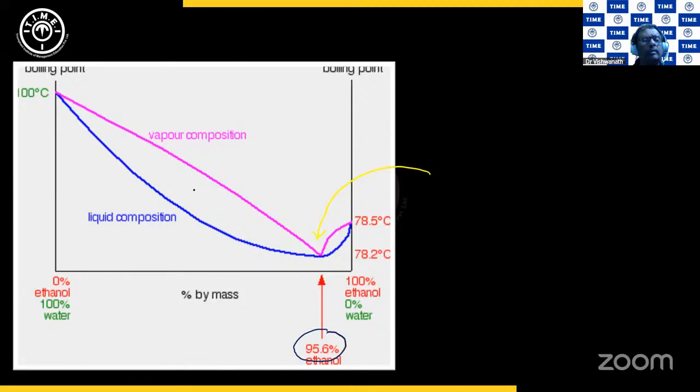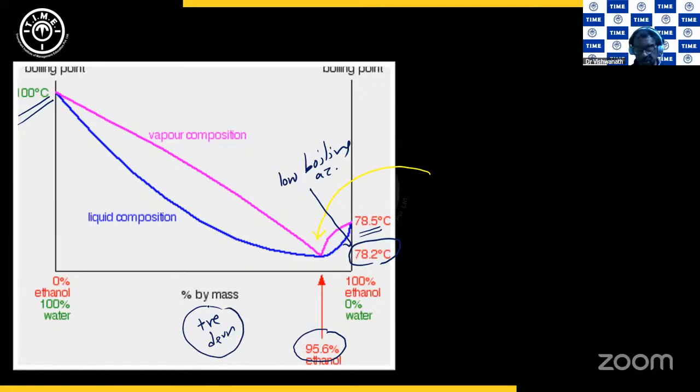And you know that water boils at 100 degrees Celsius. Ethanol boils at 78.5. But then this azeotrope boils at a lesser temperature. That is why it is a low boiling azeotrope, which boils lesser than the pure components, lesser than ethanol, lesser than water. Clear? So this is low boiling azeotrope because there is a positive deviation from the Raoult's law.